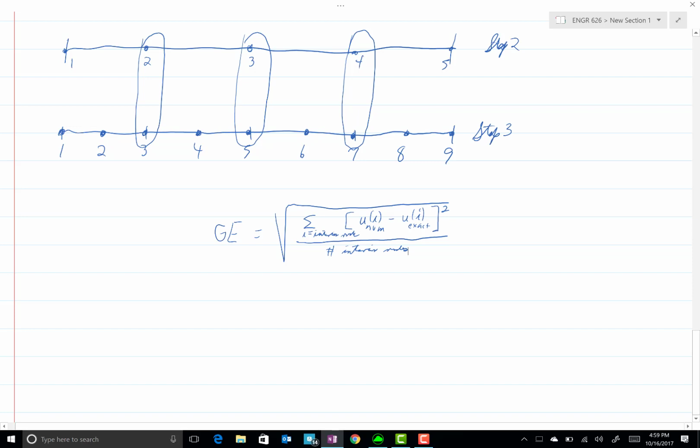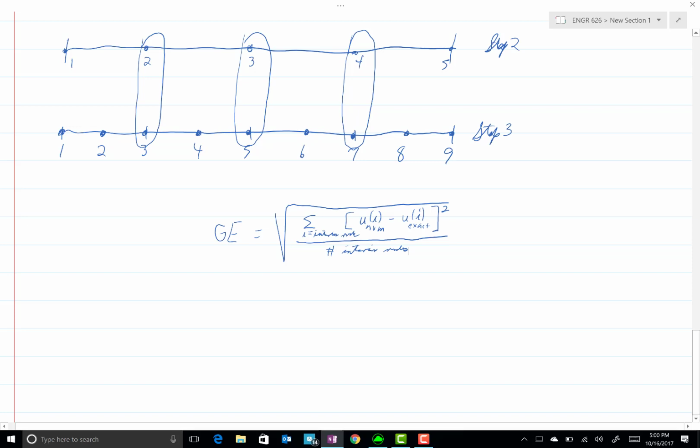So again, just to give you an overall view, you need to solve this problem over and over, and each time you will introduce nodes at the midpoints between existing nodes. So you're going to get more and more nodes with each step. Also at each step, you will combine 2 solutions to get a Richardson extrapolate solution.